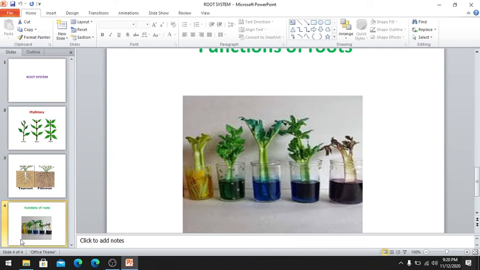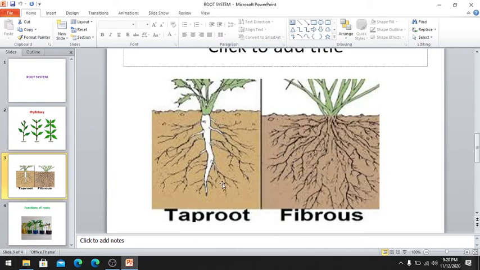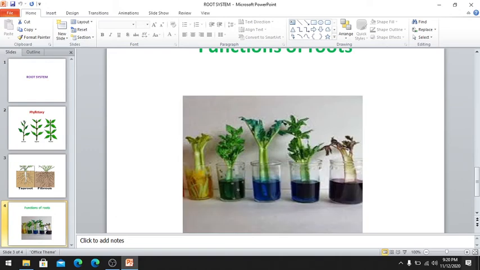Just now we discussed that the roots are helping to conduct the water and minerals from soil particles to the different parts of the plant, I told you. How can we prove this? We can prove this by doing the activity the way you performed to understand the functions of tissues in stem. The same way you can do here.